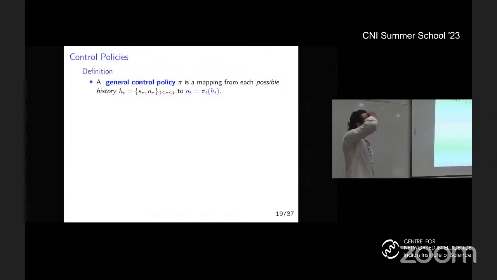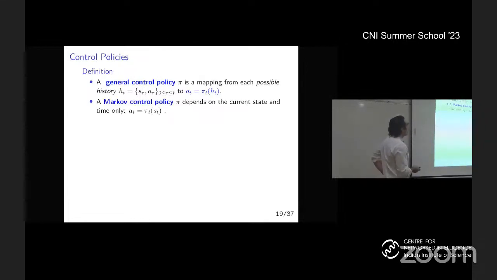But the problem is you have to be able to do a mapping from every type of history, and h of t grows exponentially. So there is no way that you can do that, okay? So usually what people do is they use a Markov control policy, right? You just say that my action only depends on my current state.